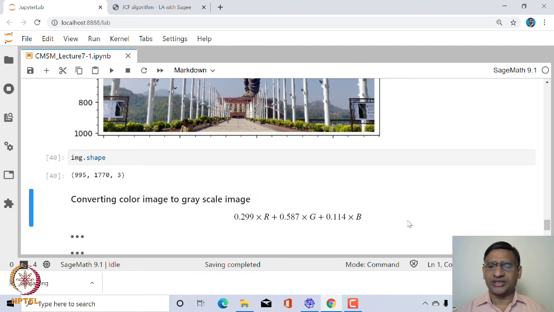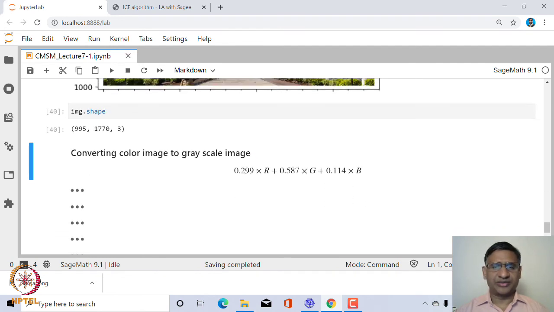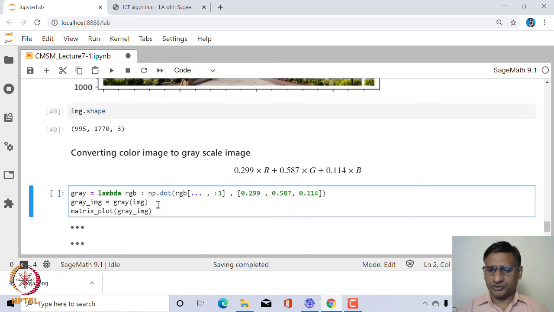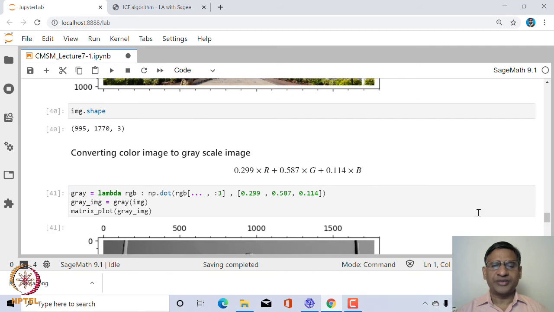There are several inbuilt methods, but this is the transformation generally one uses. For the red component take 29%, then take this for green, and this for the blue component. This is what we will use to convert this image into a gray image.